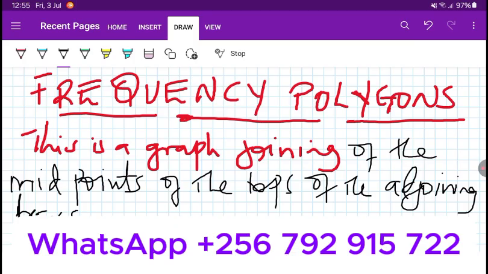So the frequencies are represented by the heights of these midpoints that we have.